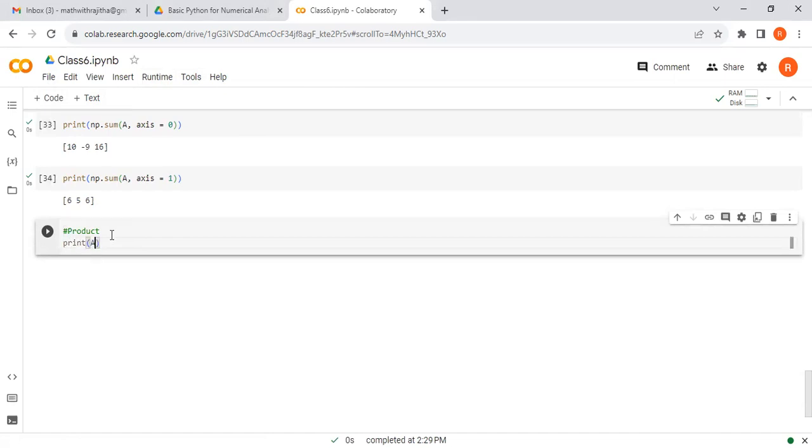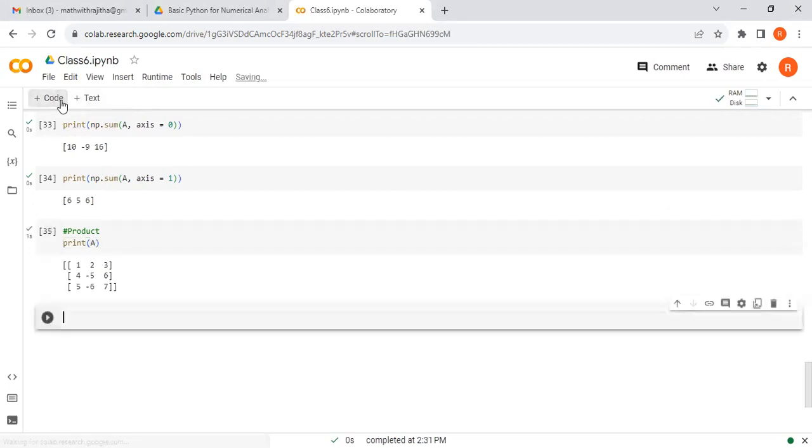Print A is fine. Now print np.product, the product function, of A.